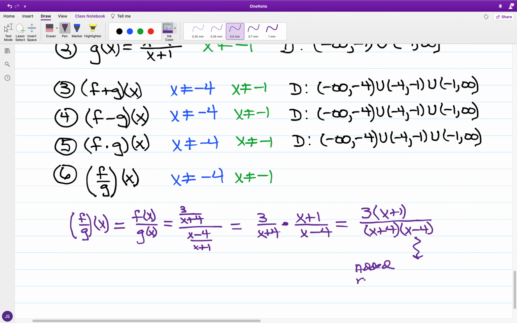We have an added restriction, because now that this fraction is flipped on its end, we have x minus 4 on the bottom. So x minus 4 also cannot be 0 in value. So we're going to form a trio of exclusions in order to keep the quotient function defined.